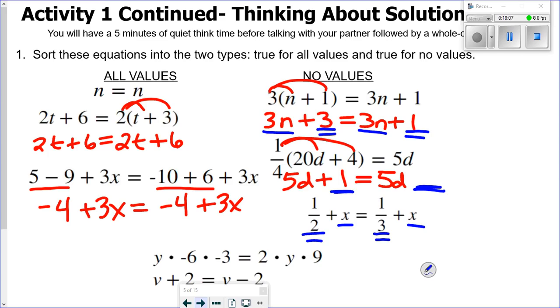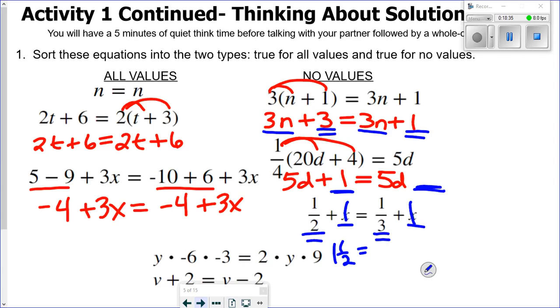So if you recognize it right then and there, we can stop and say, oh, that belongs in the no values category. Remember, if you're unsure about any of these and it's not making sense, you can always pause the video and test and input numbers to see if it holds true or not. For example, with this problem, if I wanted x to be 1, I could input 1 for x. When I add these two together on the left side, I get 1 and 1/2.